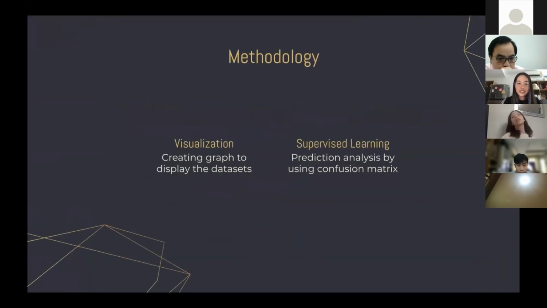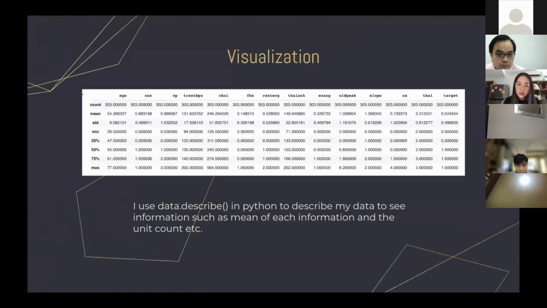And methodology. For my visualization, I create graphs to display the dataset. For my supervised learning, I do the prediction analysis by using cross validation and result in a confusion matrix. For the first part of the visualization, I use this to describe my data to see information such as the mean of each column and the count, for example.